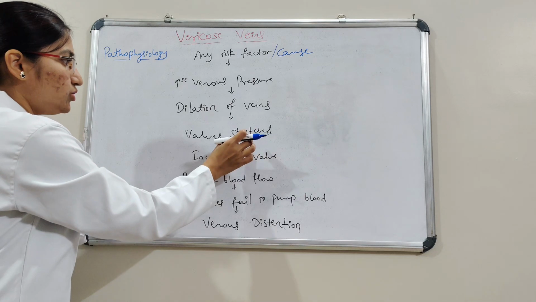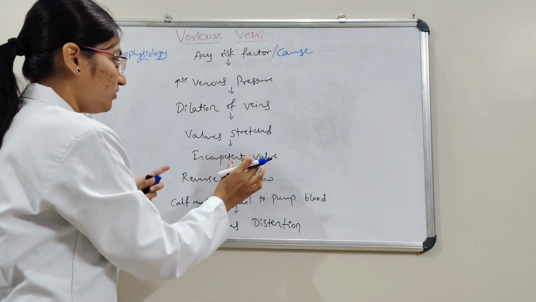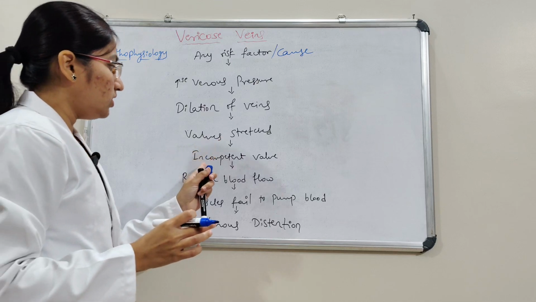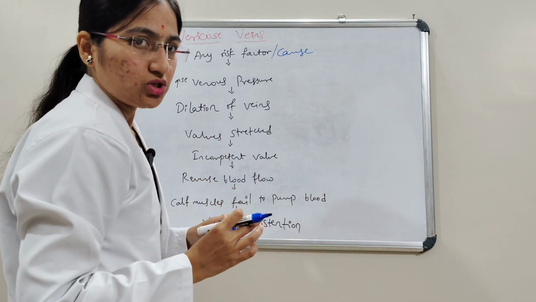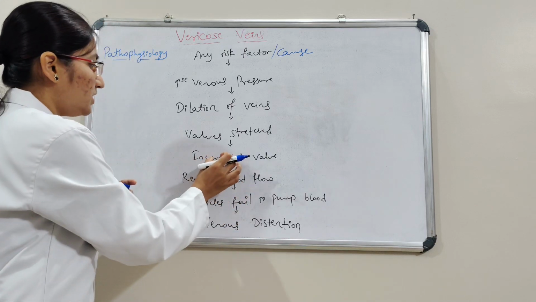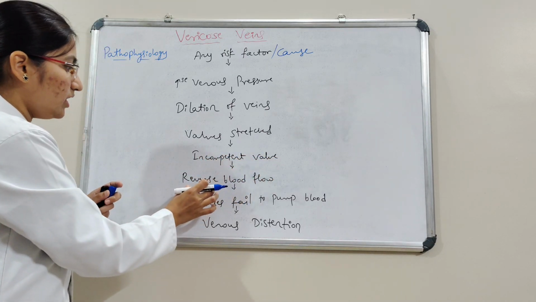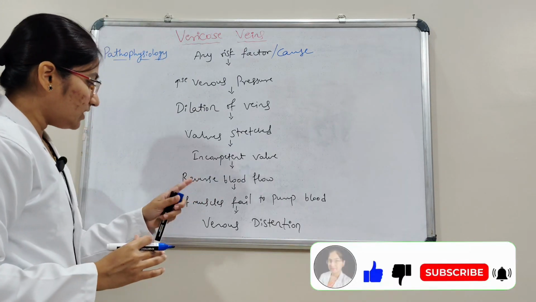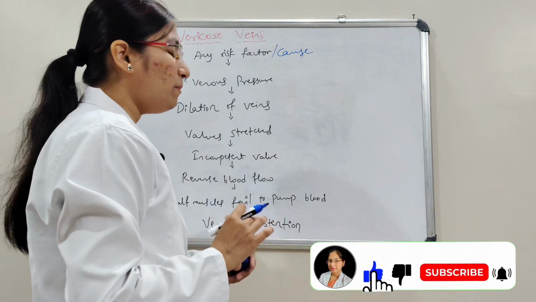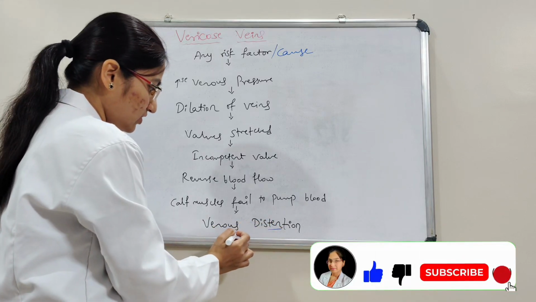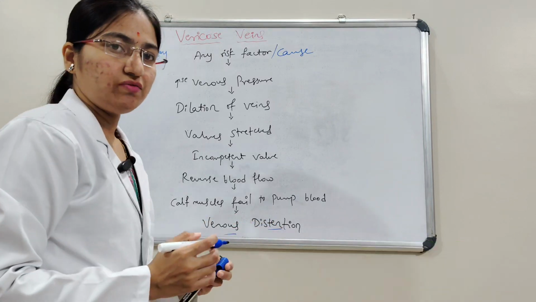Because of that stretching, the valve becomes incompetent. The valves lose their ability to control the flow. That is incompetent valve. Due to that, there will be reverse blood flow. It leads to calf muscles failing to pump blood. Due to that, the end result we can see is venous distension.